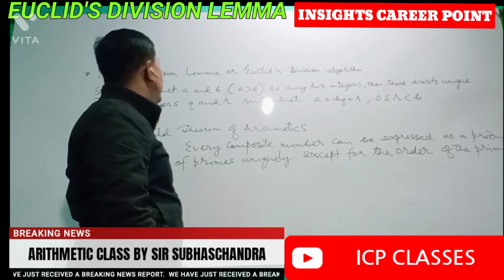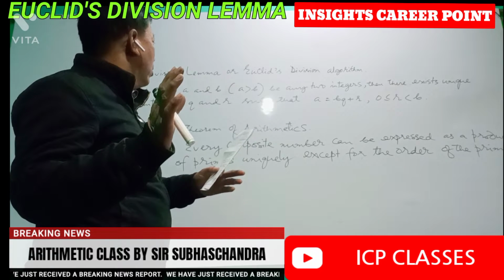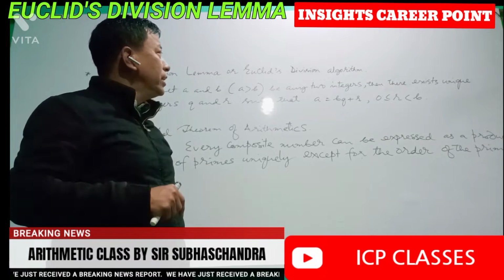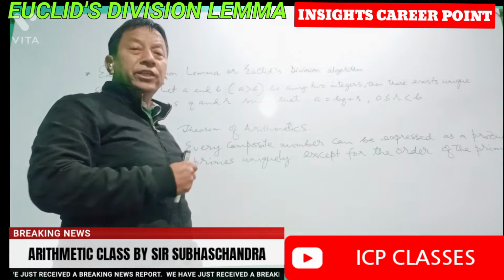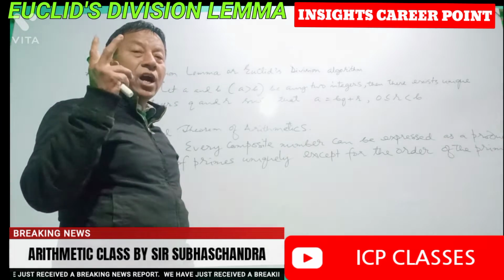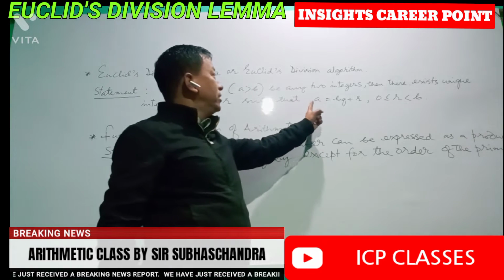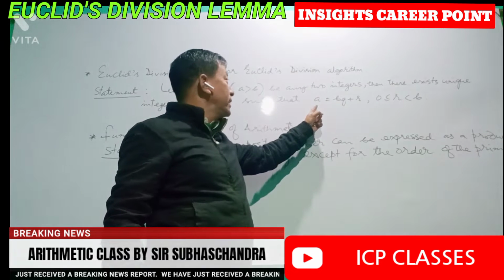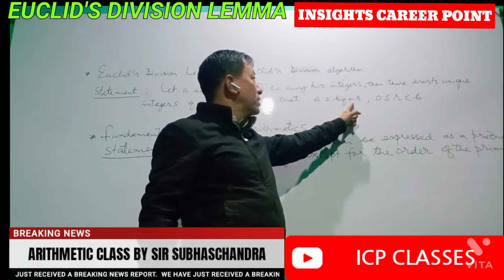So this means that whenever we take any two integers a and b, there will exist two integers q and r satisfying this condition, that is a equals bq plus r.